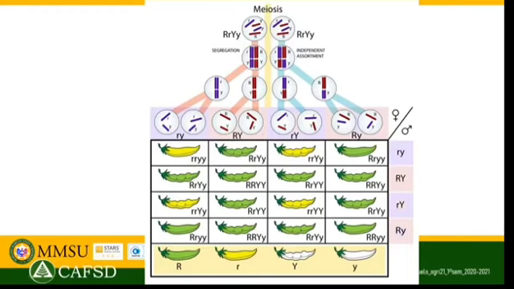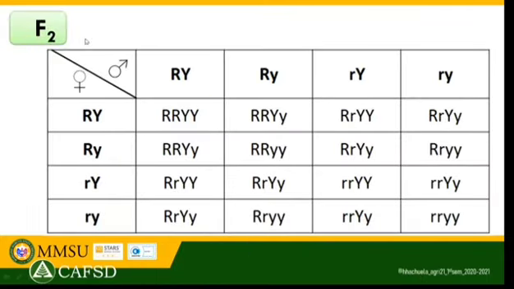Okay? To better illustrate, this is how to construct a Punnett square. Okay? This is the F2 or the progenies of F1 mated among themselves. This is the column for the female gametes. So, by the way, this is a symbol for the female parent, and this is the symbol for the male parent. Okay? So, this column is for the female gametes, this is for the male gametes. If you are familiar with the multiplication table, this is also how we combine the gametes. Okay?